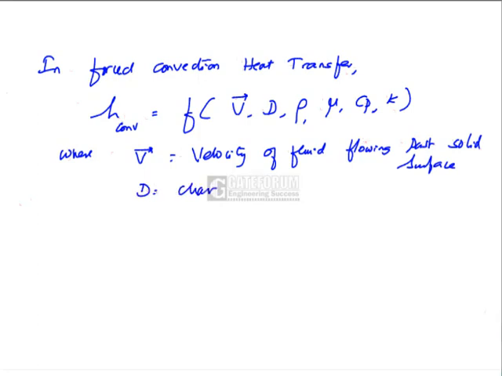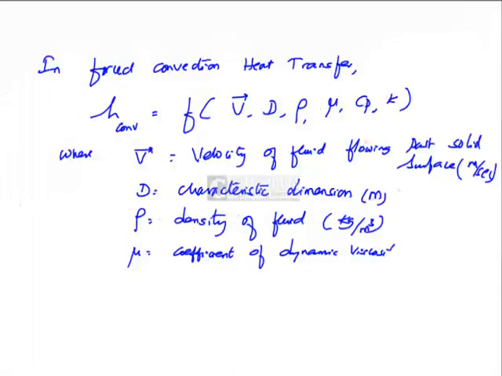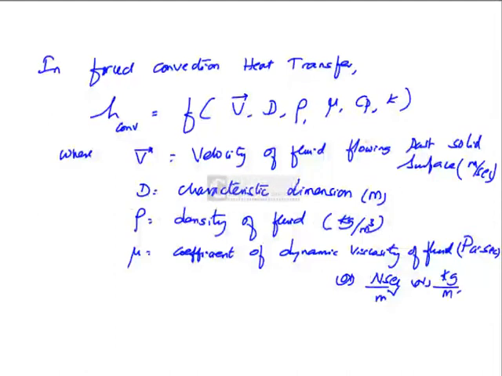D is the characteristic dimension, maybe length or diameter of the body. rho is the density of the fluid in kg per meter cube, mu is the coefficient of dynamic viscosity of fluid given in Pascal second or Newton second per meter square or kg per meter second.